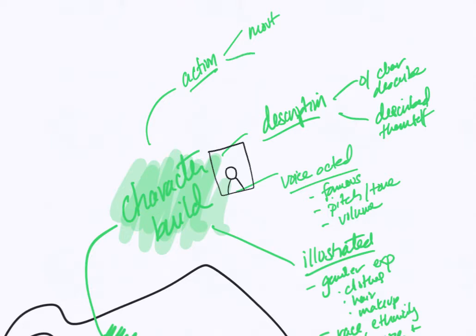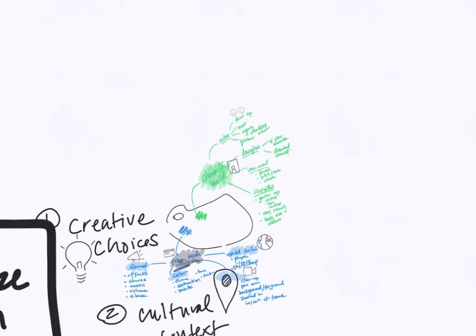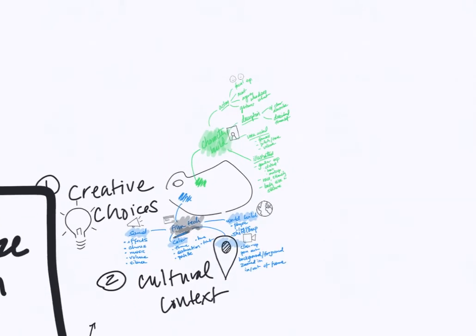We're thinking about things like agency in terms of who does what. We're thinking about things like gestures. We're thinking about things like facial expressions. So all of those things go into a character build, okay?